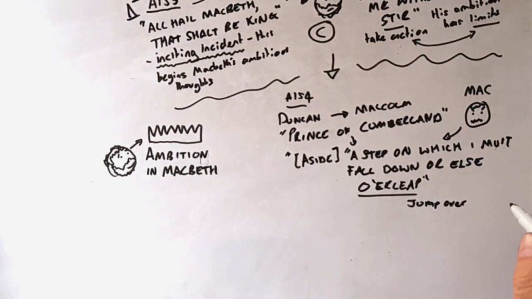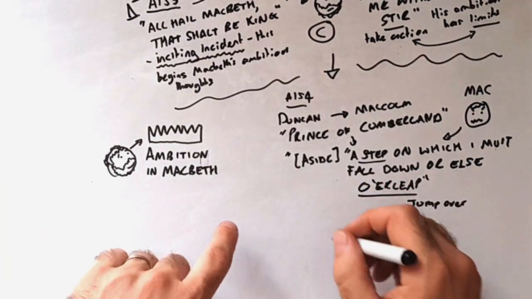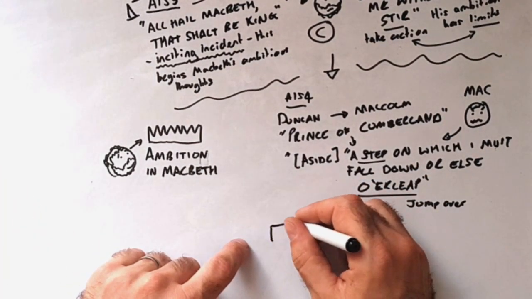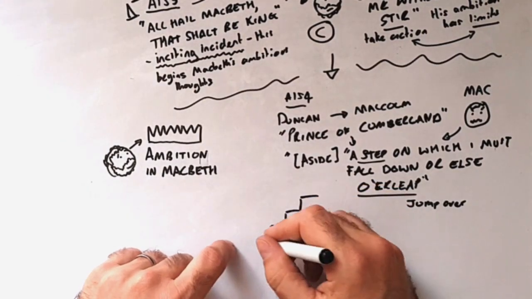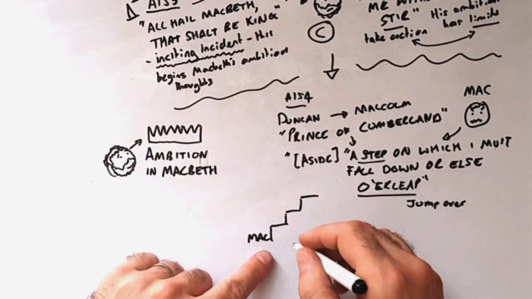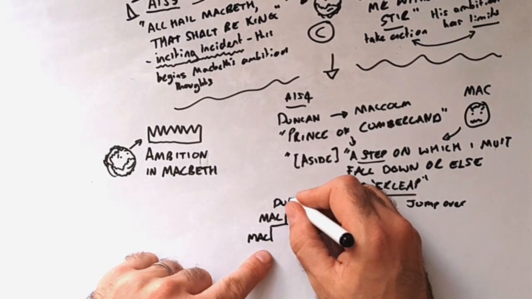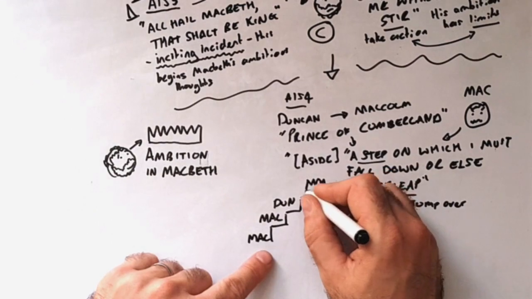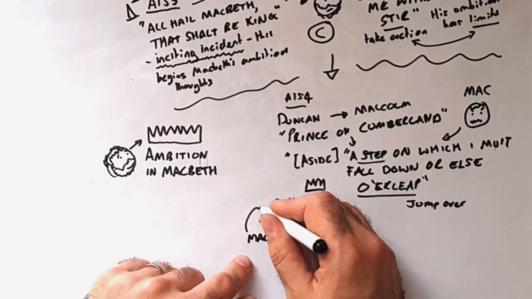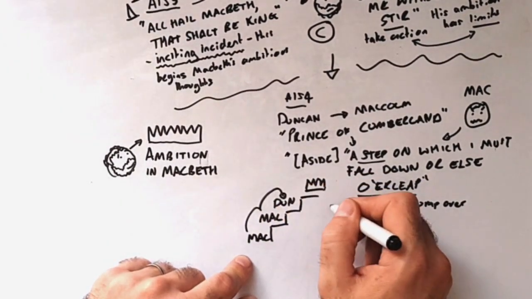The reason I like this line is you've got this metaphor, this idea of Macbeth recognising, and I do like to draw this one, that he's at the bottom of the step. Above him is Malcolm, Duncan, and then the crown. And in order to get there, he would have to jump over these two.